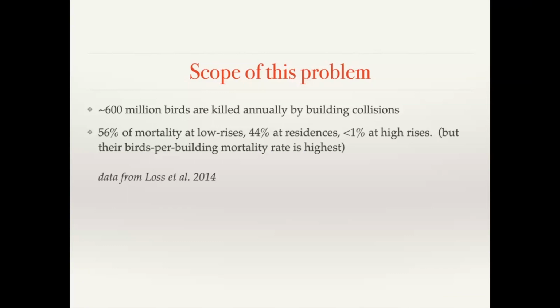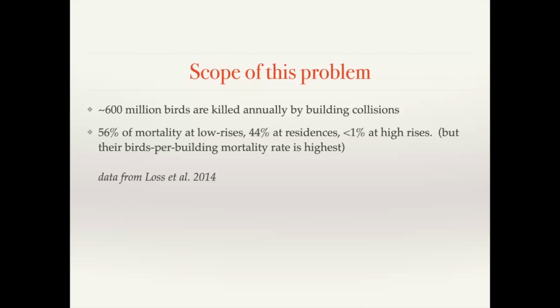Those are often thought of as the worst perpetrators of bird collisions, but it turns out that, by matter of there being a lot fewer high rises and skyscrapers than there are low rises and residences across the country, they account for less than 1% of direct mortality.